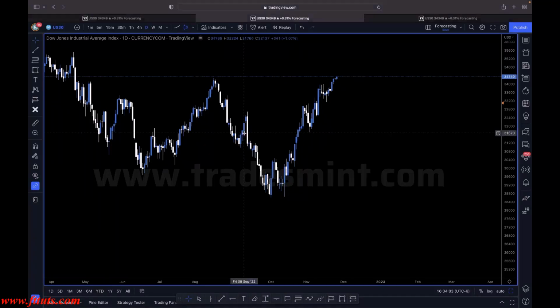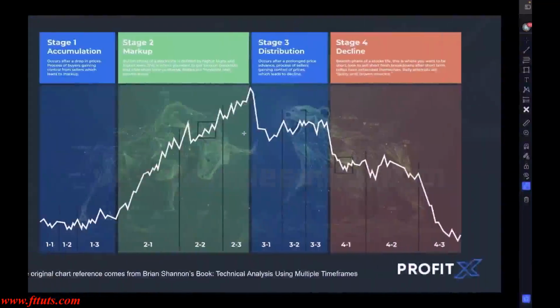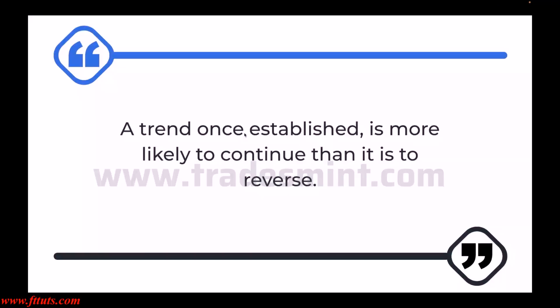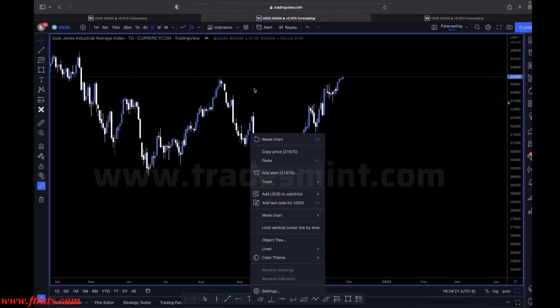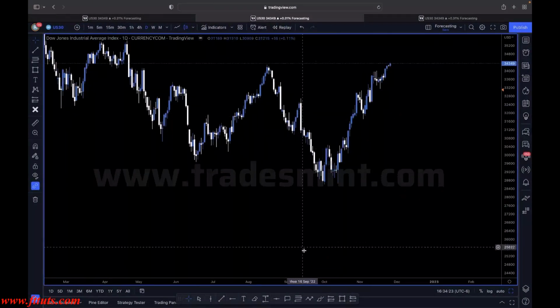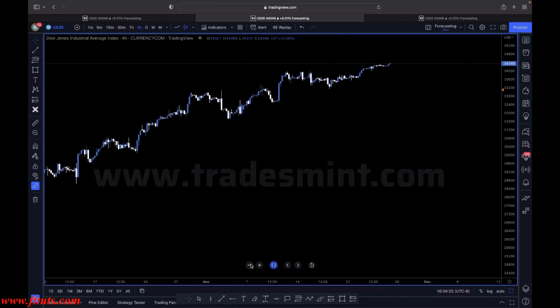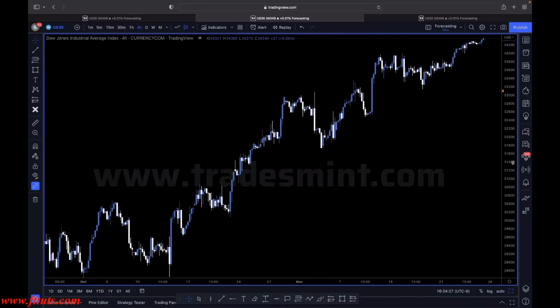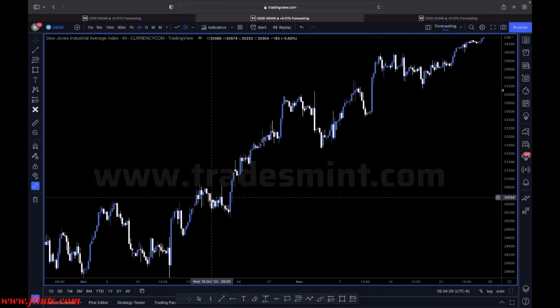Okay. So now there's a few principles that we want to remember. We want to remember that a trend, once established, is more likely to continue than it is to reverse. So the reason why we think about this is because if you look at the pullbacks during an uptrend, the pullbacks are weak.